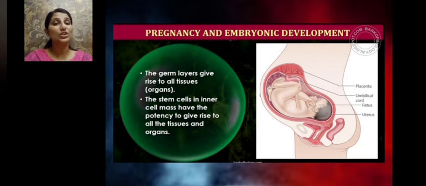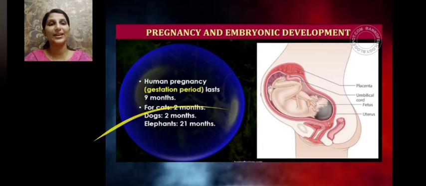These are very important cells called stem cells, and they play a very important role in biotechnology, in curing many diseases. The stem cells are present in the inner cell mass, and they have the capacity to differentiate into any type of cell, tissue and organ.